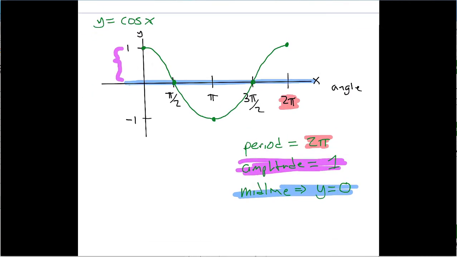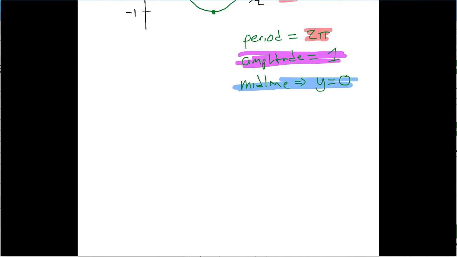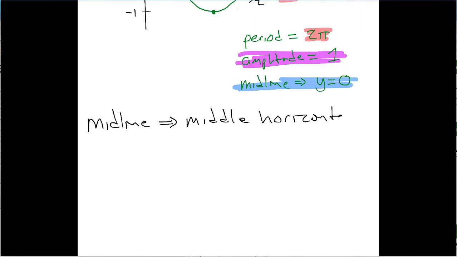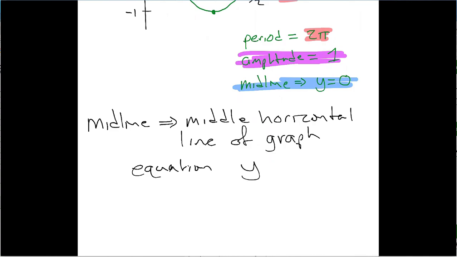So if I'm going to define each of these things, the midline is the middle horizontal line of the graph. The equation is always y equals some number. That's what the midline is.